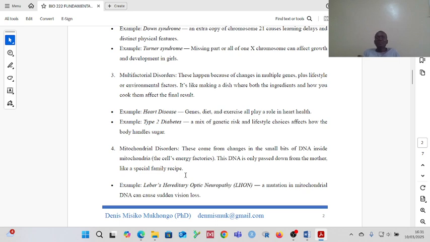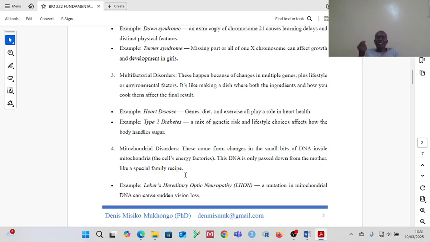But still, we find in animals DNA that is outside the nucleus, so the extranuclear DNA. In animals, we said it is found in mitochondria. Mitochondria are the energy factories for the cell. So the mitochondria also has its own DNA.